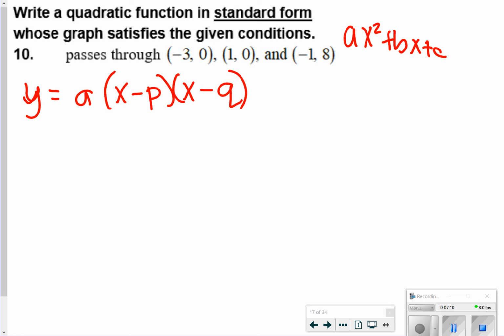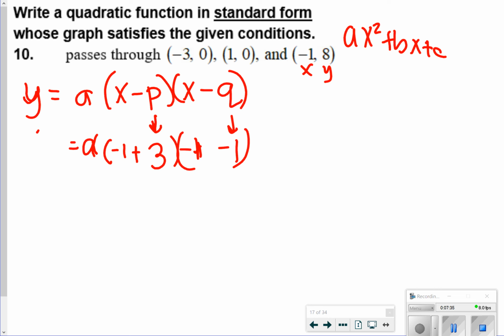So my 2 x-intercepts go in where p and q are. So minus negative 3 is positive 3, and minus 1 is minus 1. And then your x value is negative 1. So again, we don't know what your a is. And then y is 8.